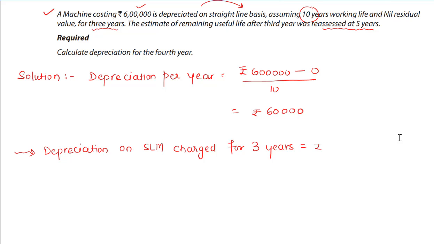So it is 60,000 for 1 year multiplied by 3 years equals rupee 1 lakh 80,000. I believe it is clear.